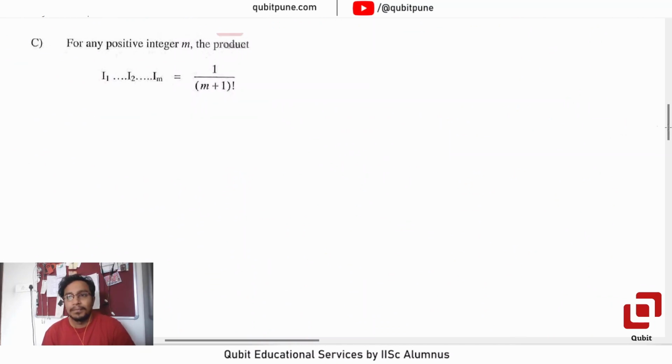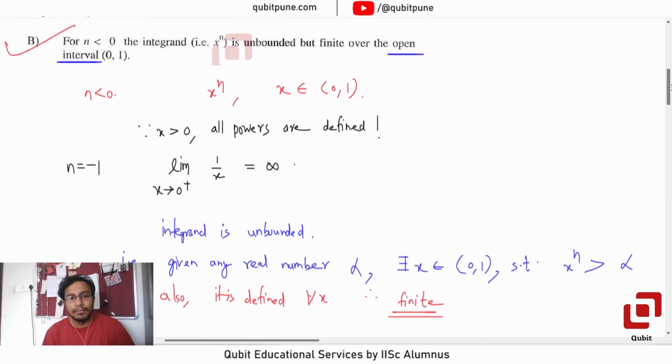So how did we say it was finite? It is approaching infinity, but if I give you any number, it is still finite. Let me give you a familiar example. I can say that tan x is finite for all x in the open interval 0 to pi by 2. Do you agree to that? Yes.